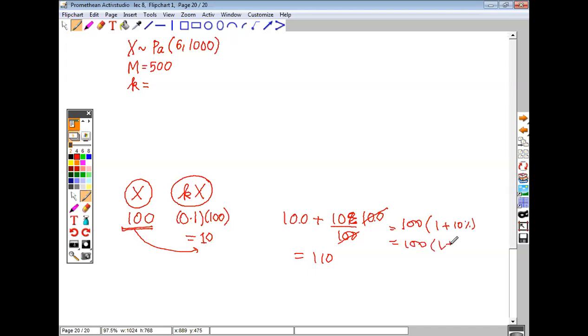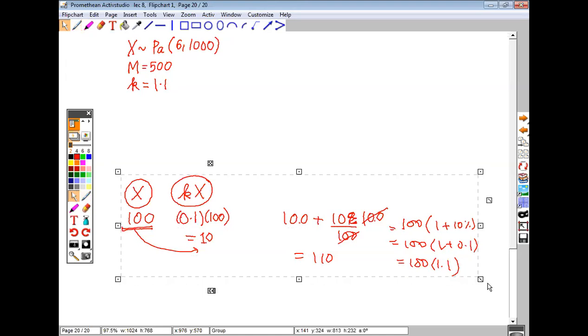So this is 100 times 1 plus 0.1, so 100 times 1.1. So again, my K will be 1.1. Does this make sense now, Vanshita? Yes, ma'am. Okay.